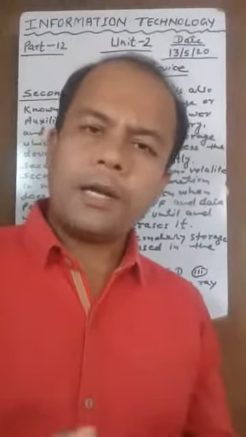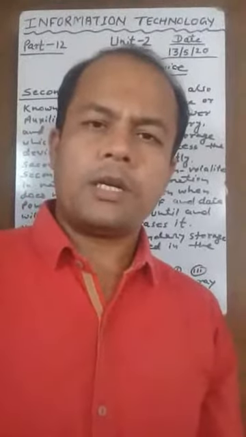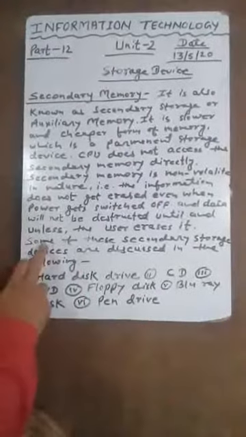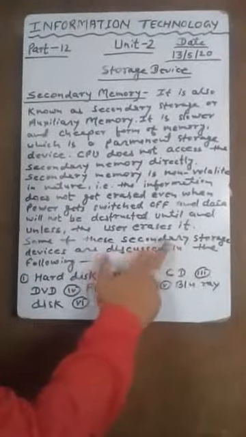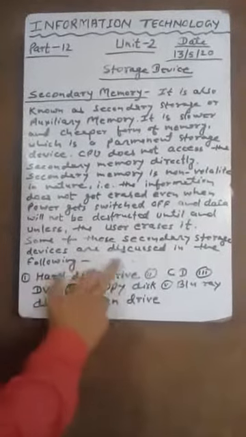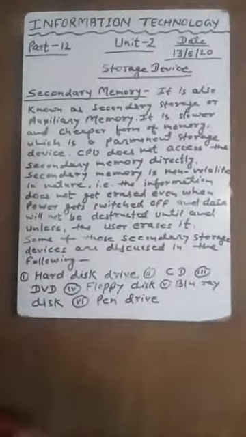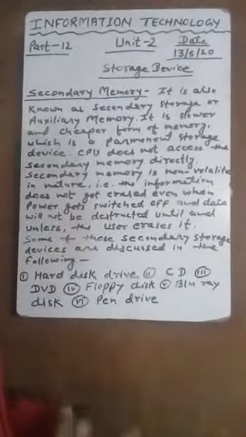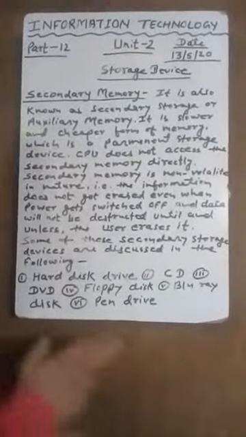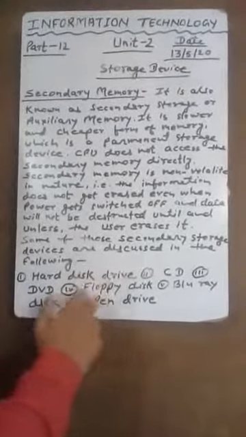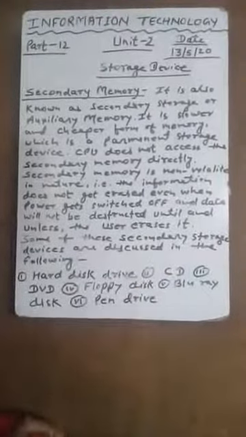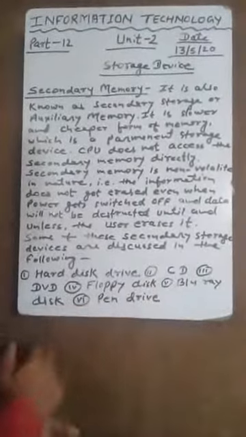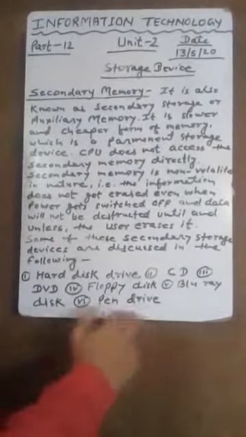Now, there are different types of secondary memory available. Some of these secondary storage devices are discussed in the following. There are different types of secondary memories, secondary devices: first, hard disk drive, CD, DVD, floppy disks, Blu-ray disks, and pen drive.